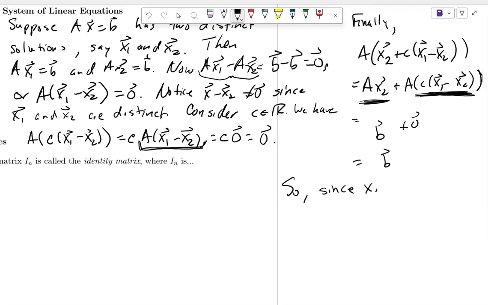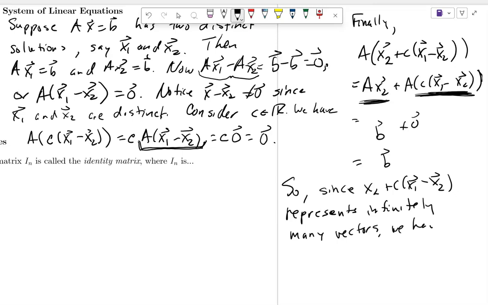Since x2 plus c times (x1 minus x2) represents infinitely many solutions, or infinitely many vectors, I should say, we have Ax equals b has infinitely many solutions. Now, for those of you who have had differential equations, and I know some of you have, you've solved non-homogeneous differential equations.